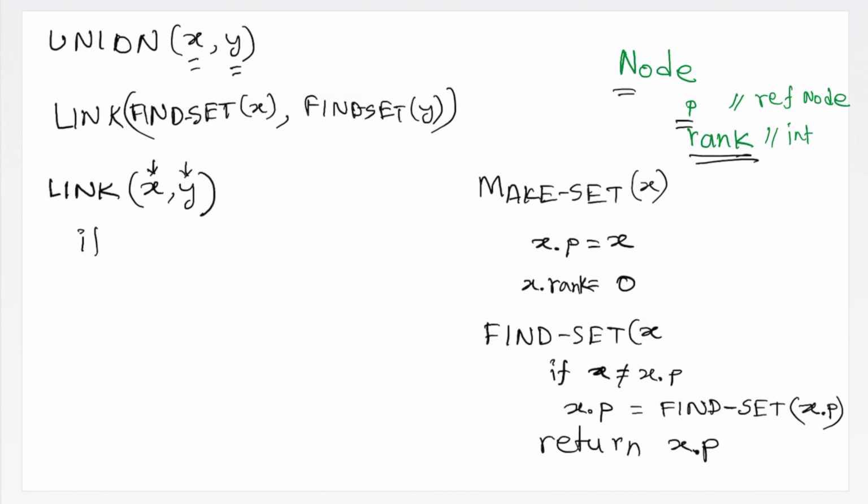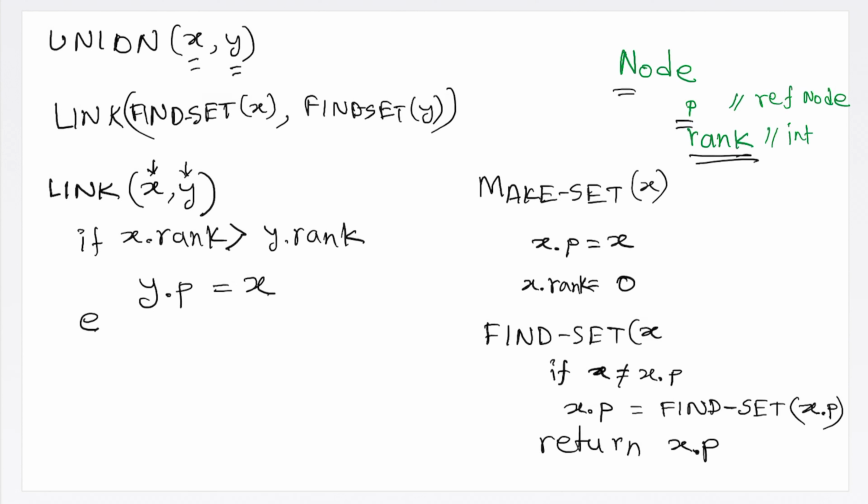If we find that x dot rank is greater than y dot rank, then it means that x probably has higher height. So we make sure that y becomes the child of x. That means x becomes the parent of y.